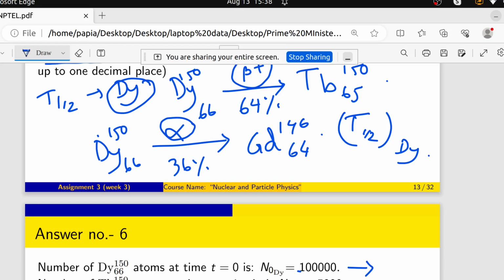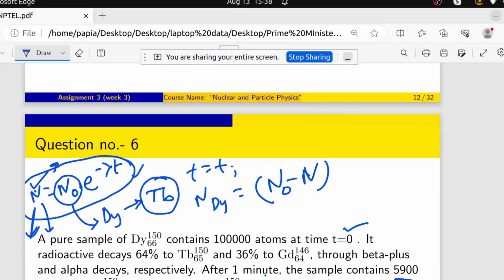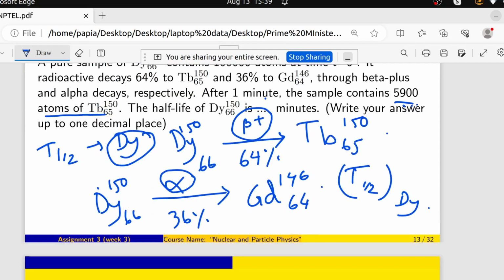Now how much will the number of Dy be after 1 minute? We are asking for the value N0 minus N. Okay, so we need to study that. As the question has mentioned that 64% goes from Dy to Tb, let's say I have 100 samples of Dy.